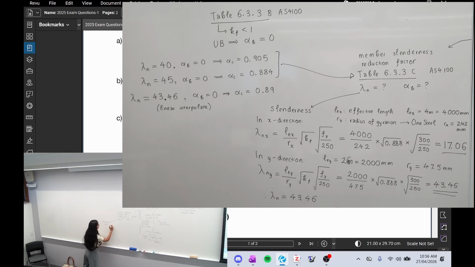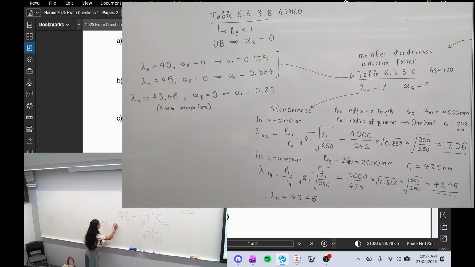To find the slenderness, this is the formula. You need your effective length, and you need this r, which is called the radius of gyration. You need KF, which we've just found before, and you also need Fy, which we also found before. So let's get these two.